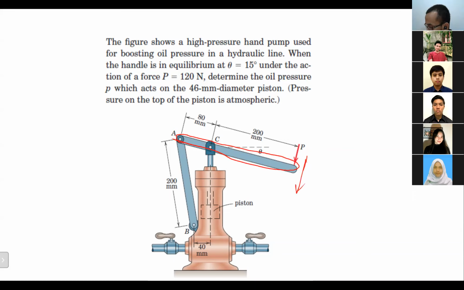While it's moving down, it will push this link down as well, where it has a piston. So when the force P is given, the piston will move down as well, and while the piston is moving down, it will increase the pressure. So that's how the device works. Do you understand? Yes, sir. Okay.